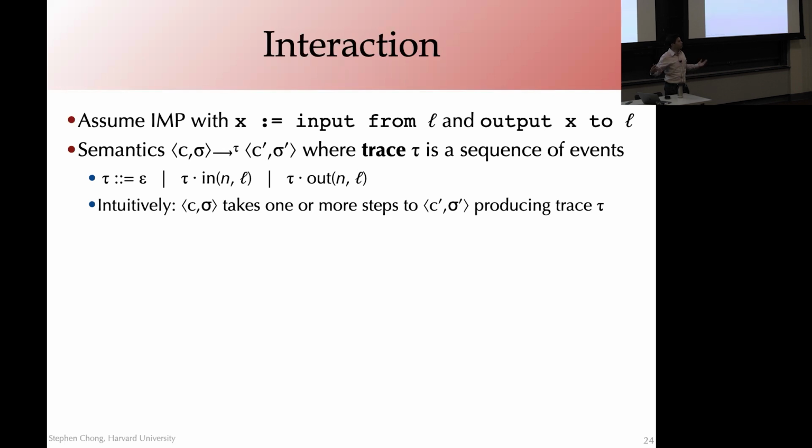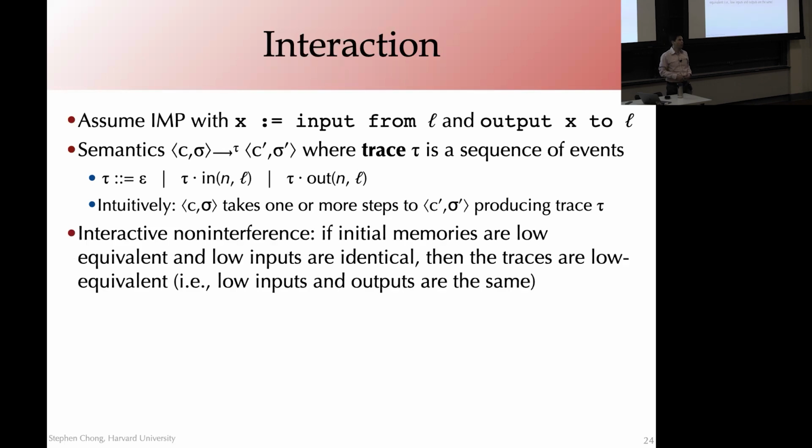Then we can use this extension, traces, to define a notion of non-interference that takes interaction into account. Intuitively, if we have initial memories that are low equivalent and two executions where the low inputs provided are the same, then the traces should be low equivalent. That is, the low inputs and low outputs should look the same.